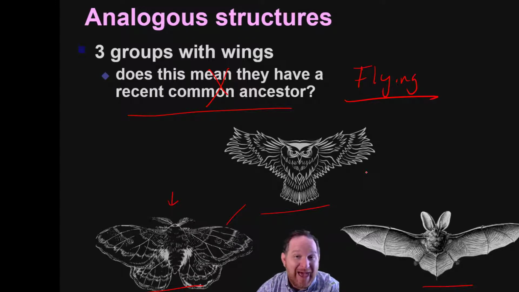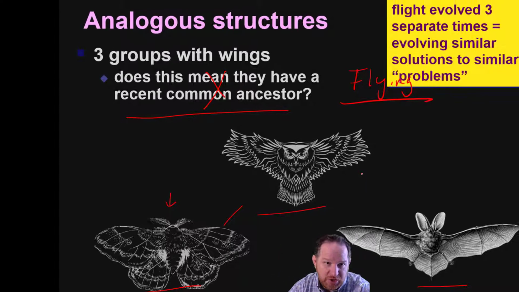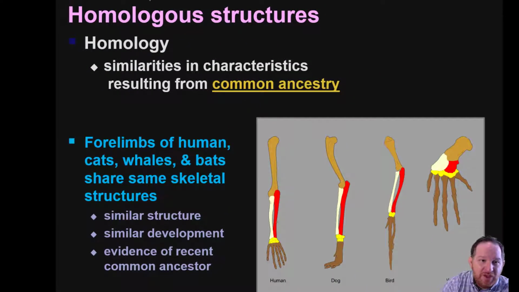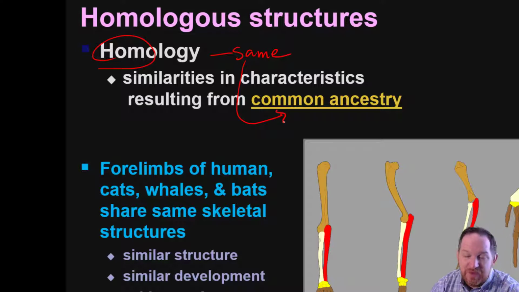Those are analogous structures. The other type of structure that I'm going to talk about is what we call homologous structures. So homology, think homo, same. So these have a same or common ancestor. And here are some examples of homologous structures.